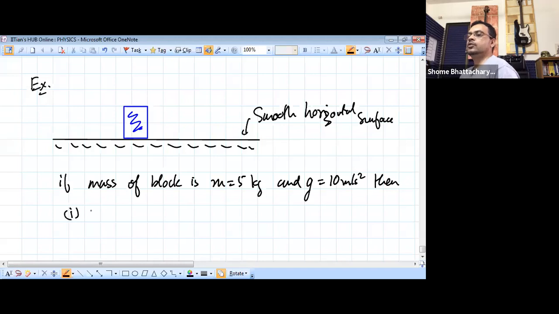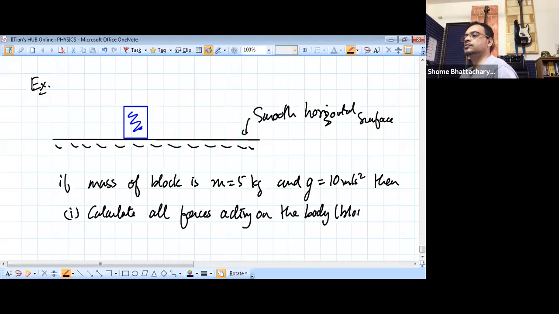first of all, calculate all forces acting on the body of the block in magnitude and direction.